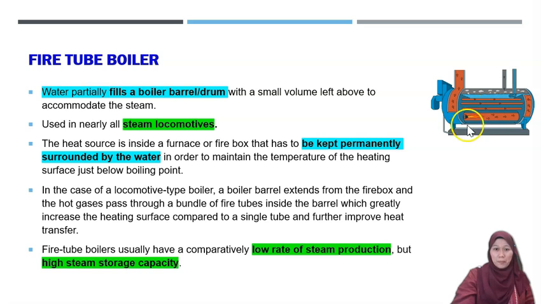The water will be heated up using this heat exchanger, and it usually produces a low rate of steam, so the steam is not really superheated. But it can store a lot of steam. They have good storage, but they cannot provide the high pressure or the high flow of steam produced.